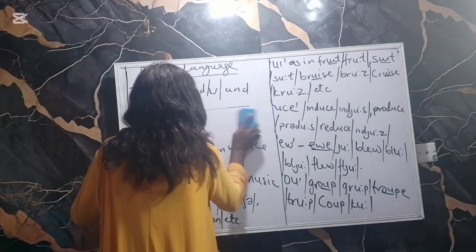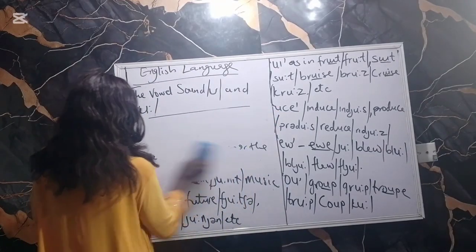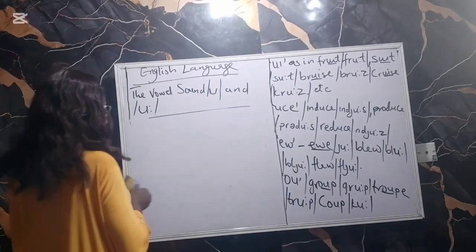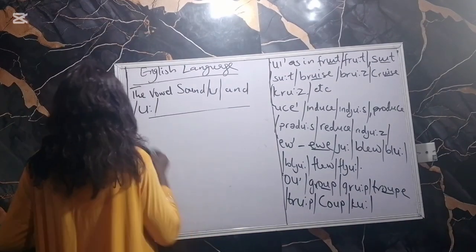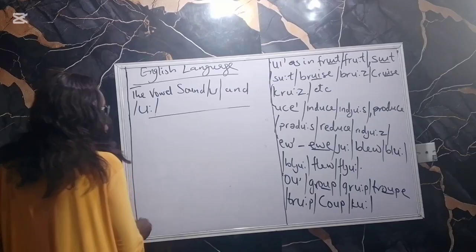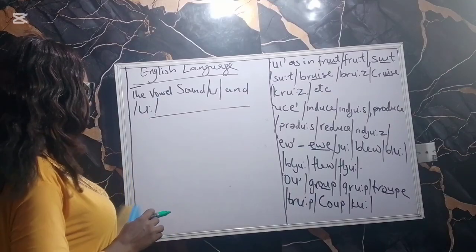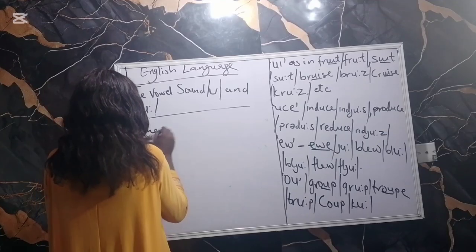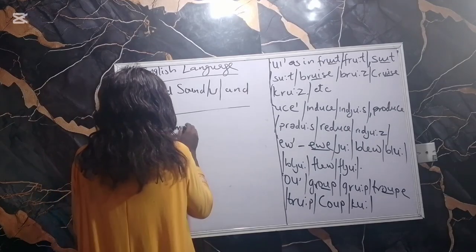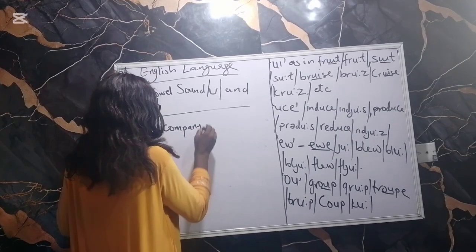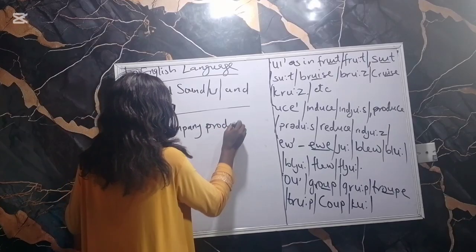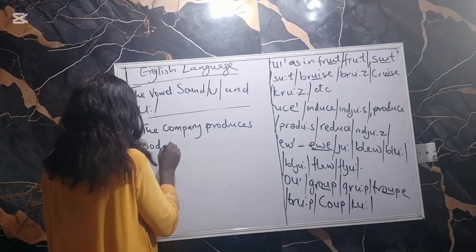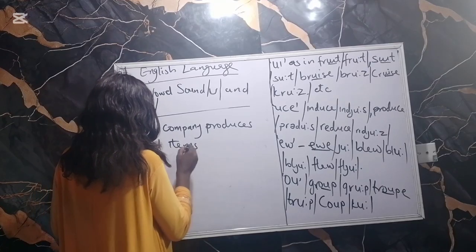You can still try to make sentences with some of these. Okay, like number 1, the company produces food items.